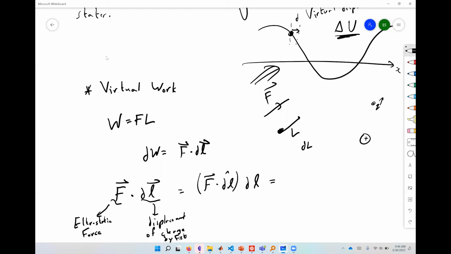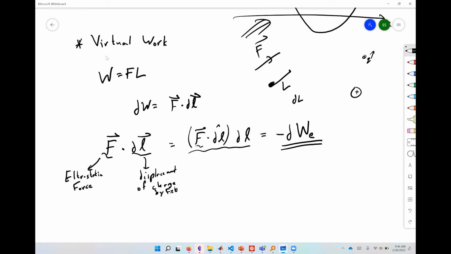But the point is that ultimately the field is going to get smaller. So the electrostatic system is going to lose energy. So if the electrostatic force moves the charge in a small direction, this is how much energy the electrostatic field loses, minus dE. Okay? The system always wants to go to a minimum energy state.